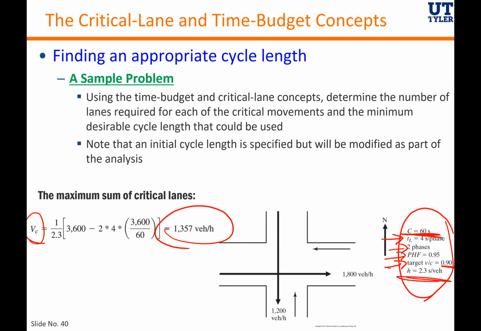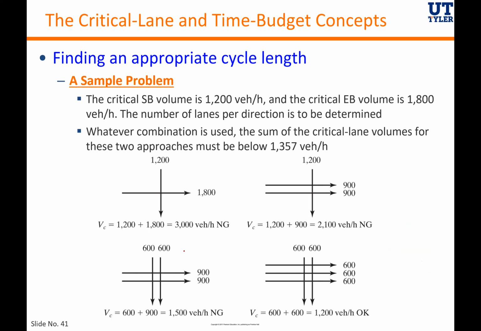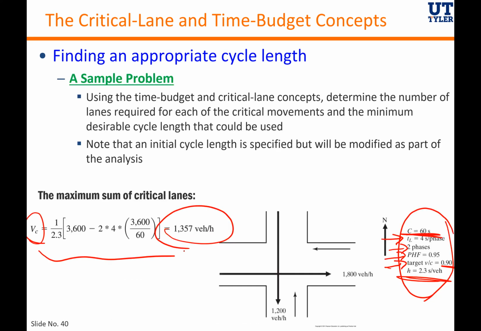This problem is asking how many lanes per direction you need to have to satisfy the maximum sum of critical lanes. Really, we've gone through this calculation. It's mentioned in detail in the recorded lecture, but basically we're saying that the sum of critical lane volume is 1357, and we should not exceed that.